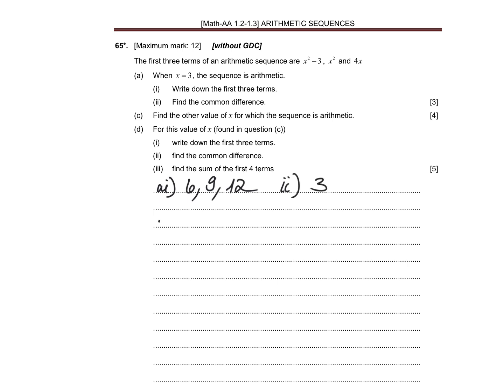And for wherever B went, here's C. Find the other value of x for which the sequence is arithmetic. So that means x squared minus 3 should equal 4x minus x squared. So those cancel. And then this is 3.